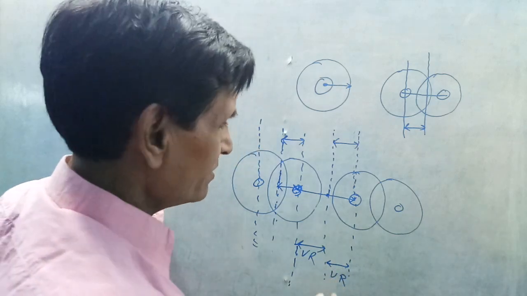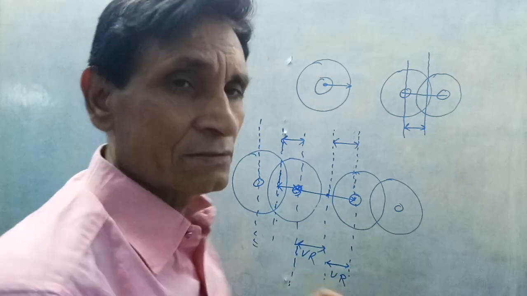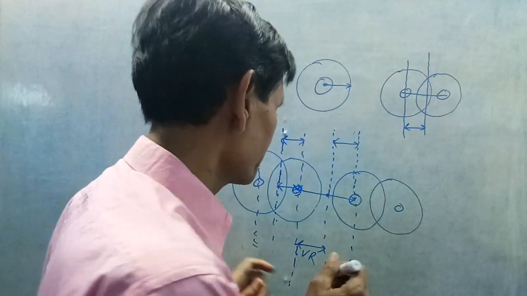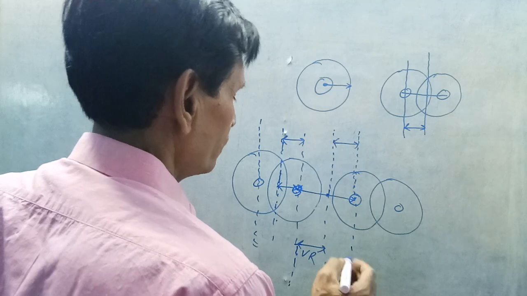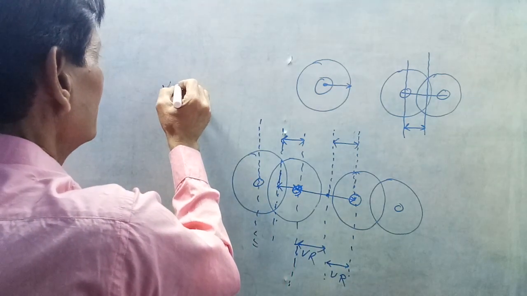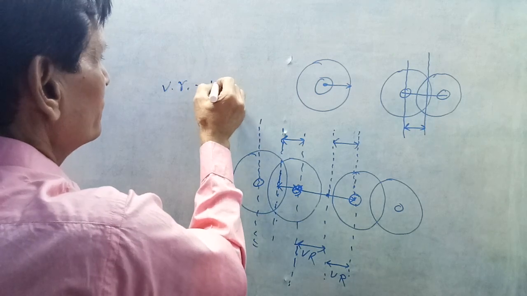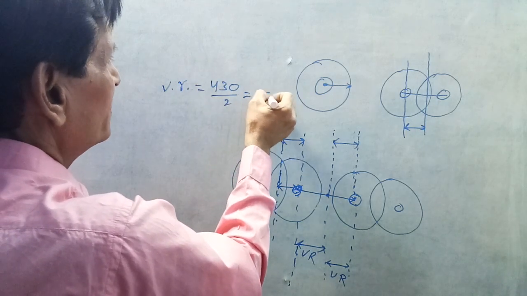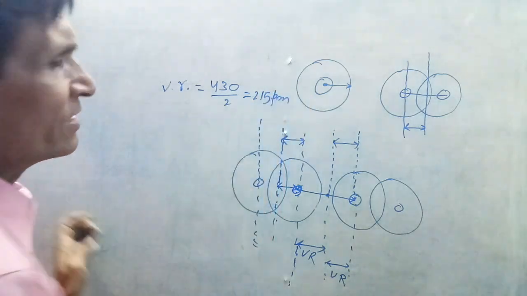Experimentally it was found that the internuclear distance between the non-bonded iodine atoms in solid iodine is 430 picometer. Then half of the 430 picometer, 215 picometer, is the van der Waals radius.